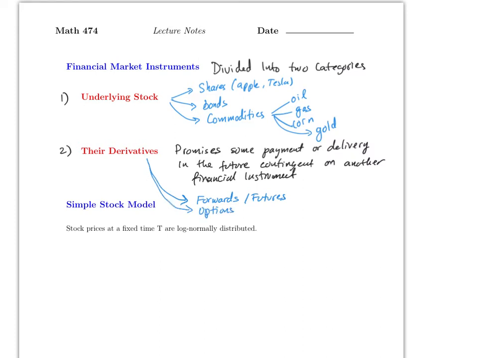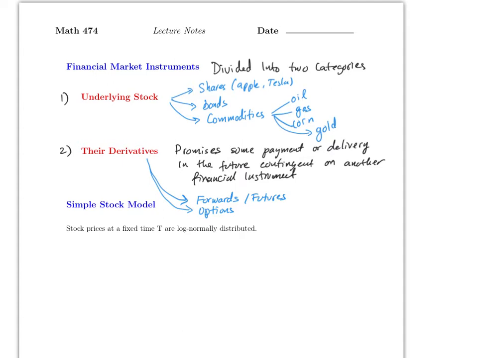With a future, you're promising to get a specific price in the future. It's not a very original name, but you'll see that at the end of this video. To recap, there are two types of financial market instruments: the underlying stock and their derivatives.